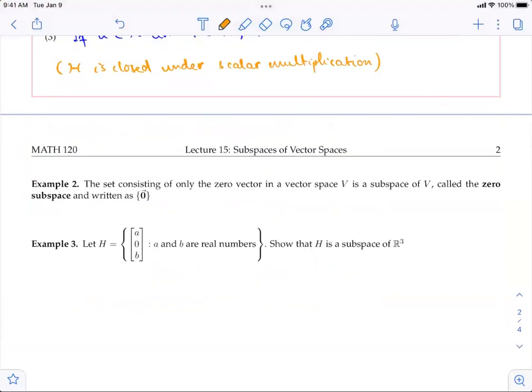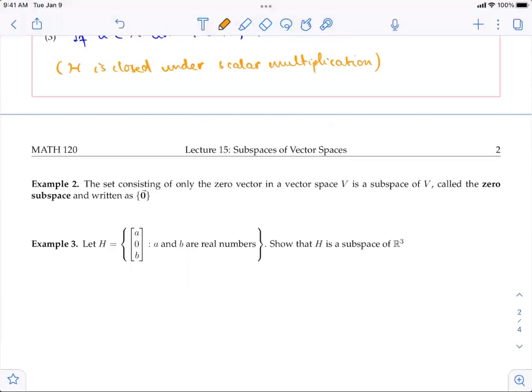Let's do the following example. In example 2, the set consisting of only the zero vector in the vector space V is a subset of V. You have the zero vector in the subset, and you can perform vector calculations where the zero vector plus the zero vector is also the zero vector, so it's closed under vector addition.